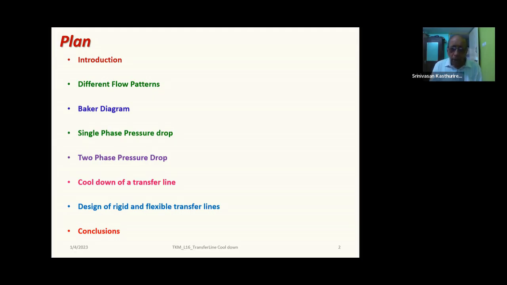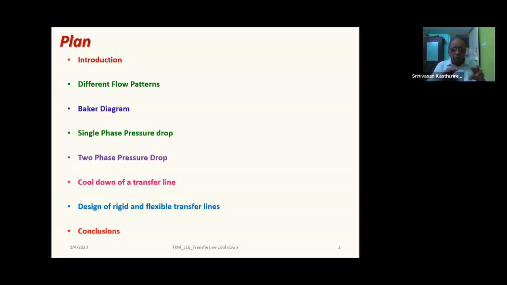Then there is a diagram called the Baker diagram, which can be used for predicting what type of flow one expects, considering the velocity of the fluid, the velocity of the liquid, and the velocity of the vapor. Based on that, you will be able to determine the type of flow that is going to happen inside a transfer line.